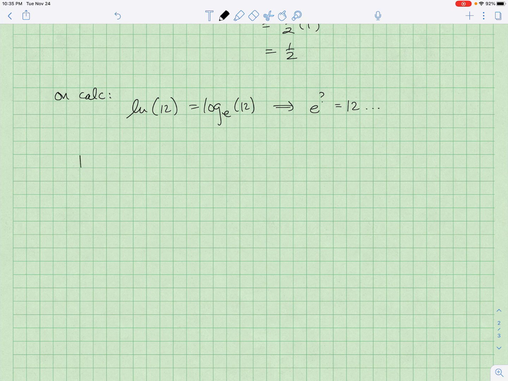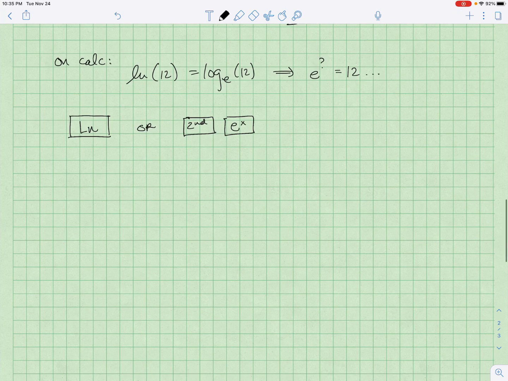It's either ln, probably on most of your calculators if you have a TI, or it might be something like the secondary feature or inverse feature of the button e to the x. So it's the inverse of e to the x. So look for those two buttons, and you should be able to calculate this.